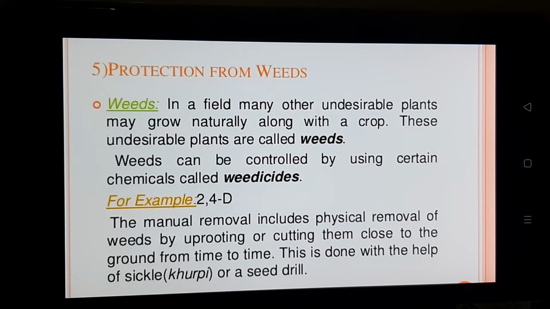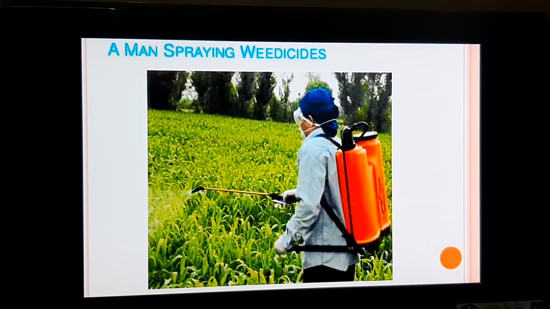This manual method includes the use of a sickle, a khurpi or a seed drill. By using these tools, the farmer can remove weeds from the farm. In this picture you can see a farmer spraying weedicides to control the growth of the weeds or to remove them from the farm.